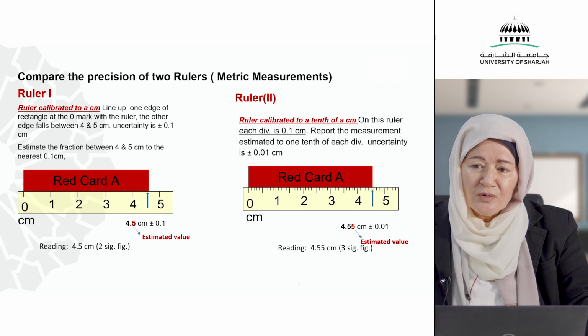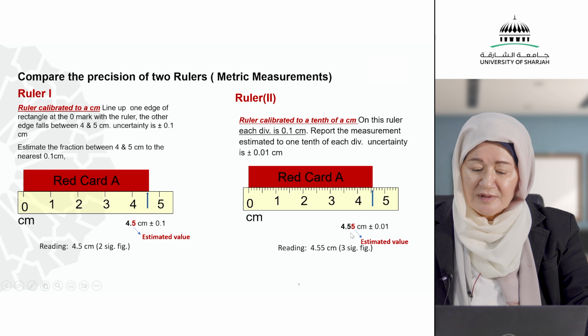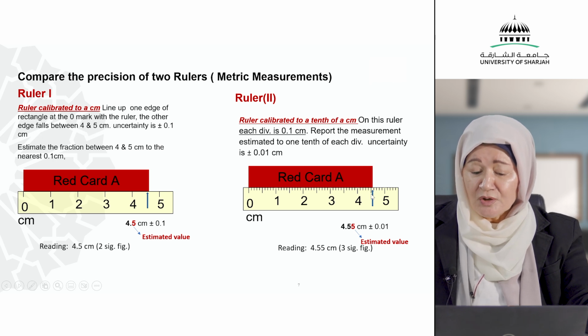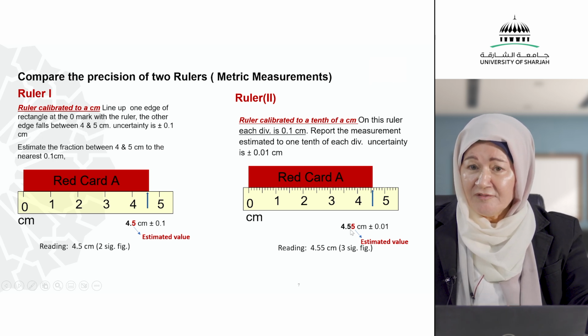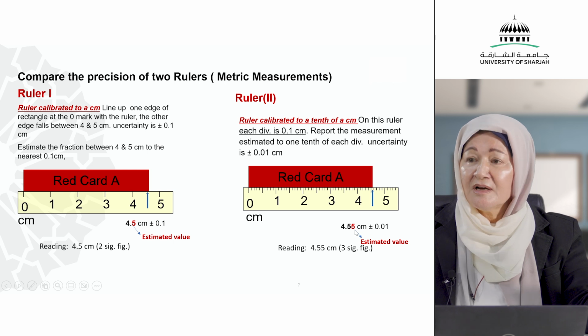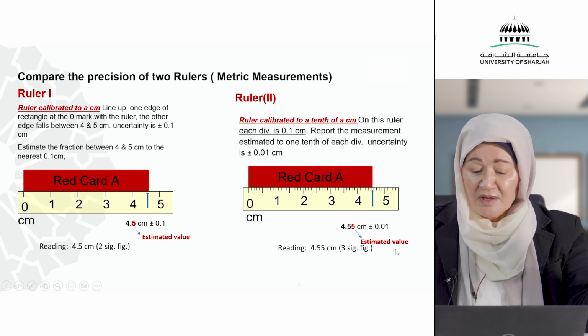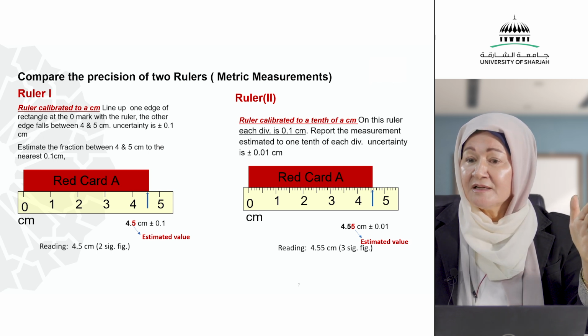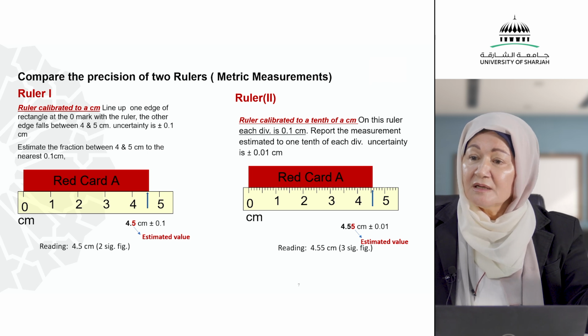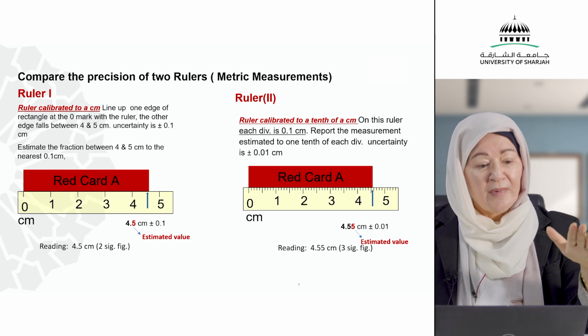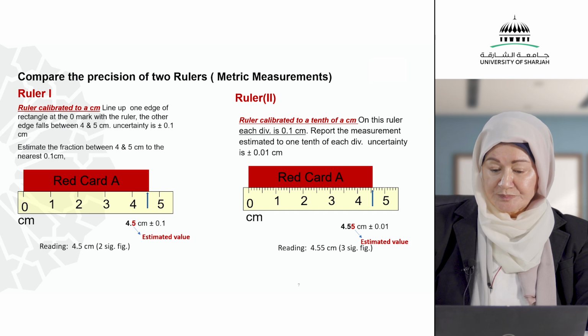So what do I record? 4.55. Now I am sure of the first decimal, 4.5, but the second decimal I'm estimating, 4.55, plus or minus 0.01, because they may tell me it is less by 0.01 or more by 0.01.